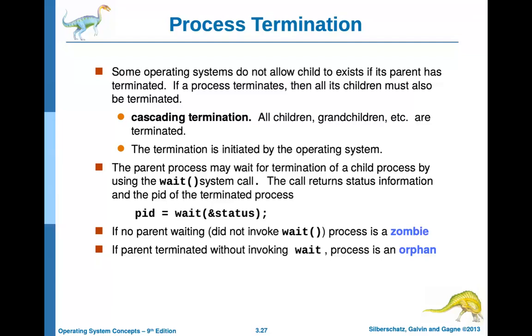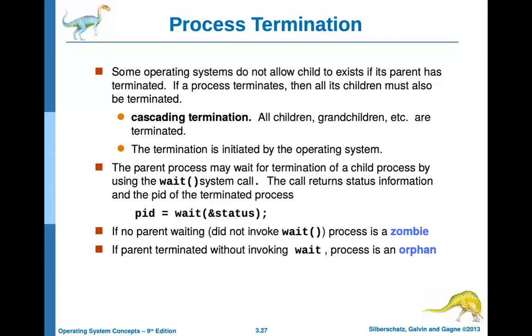Now, next thing. There are a few operating systems, as I mentioned for abort, that do not allow the child to exist if the parent is terminated. Okay. In that case, if the parent process is terminated, automatically all the children must also be terminated. And this is basically cascading termination. So for example, there is a parent process which has got one child.